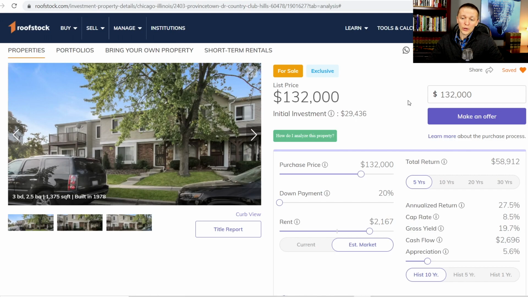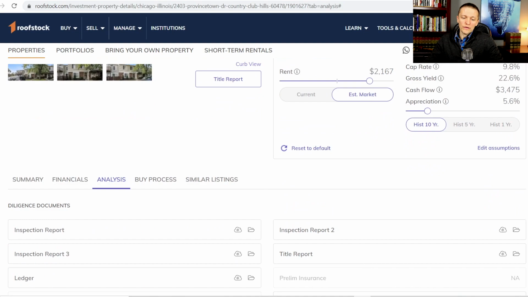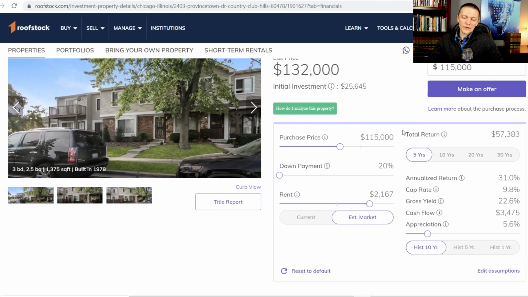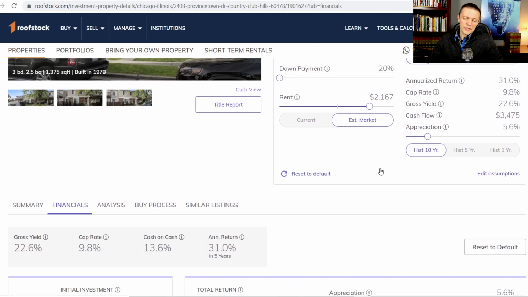I probably would go a little bit lower, and a good place to start would probably be $119,000 or maybe even less. So maybe you want to offer $115,000 on this property, and that would certainly improve the numbers once again. So if you were to offer $115,000, and if the owner was to accept $115,000, the cash-on-cash return goes back up to 13.6%, which is certainly good.